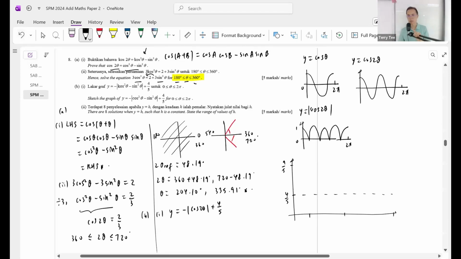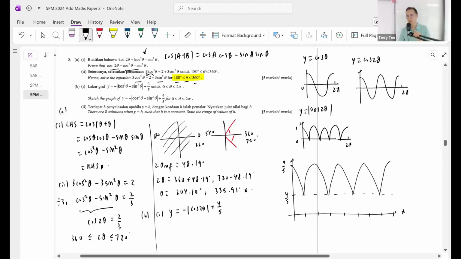So, wait, this is ugly. Very small graph. So we start from here, down, up, down, up, down, up, down, up. Could be better, could be ugly.